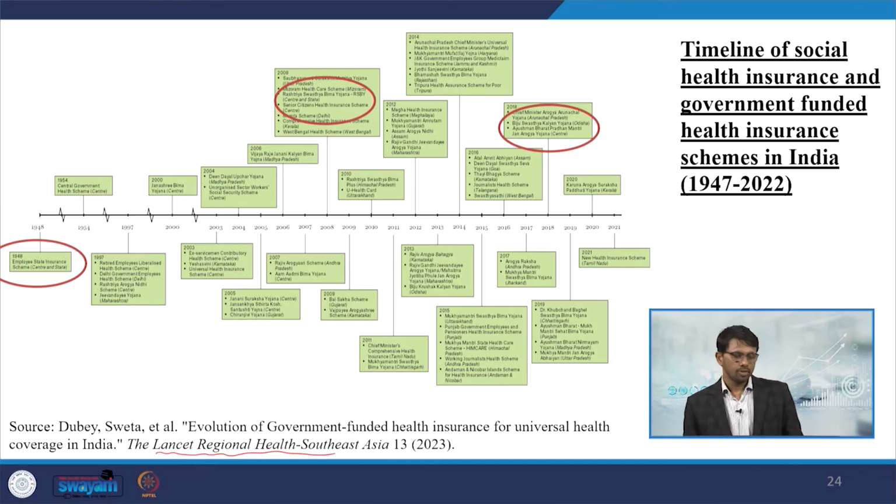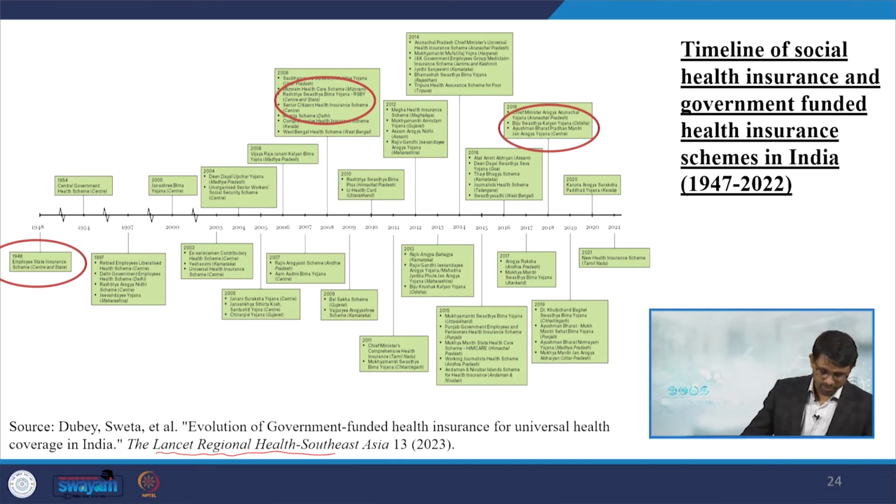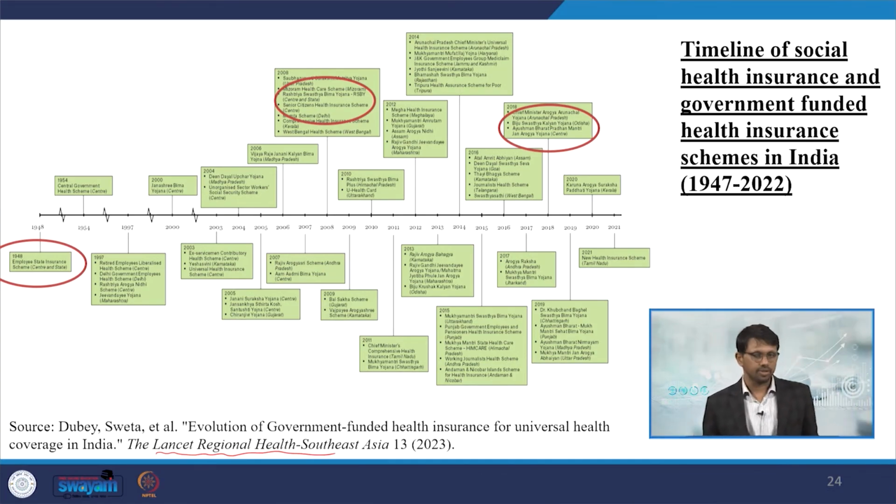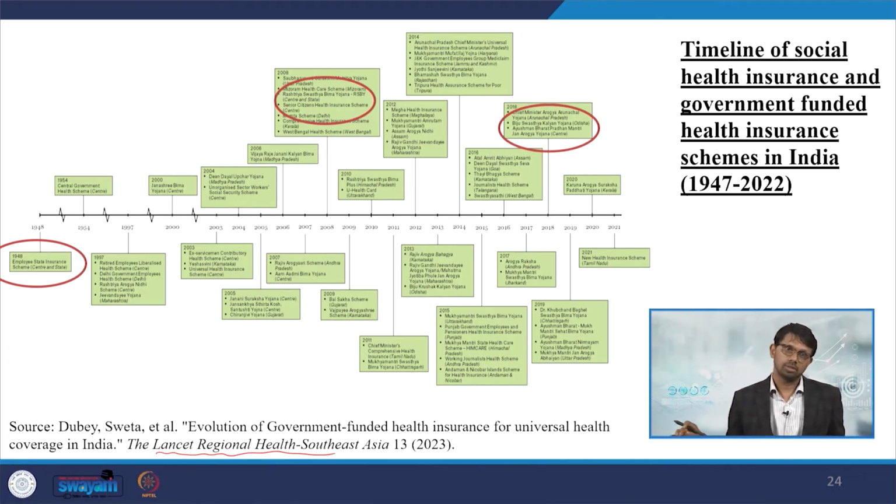23rd paper. We start with the initiation year of 1948 with the introduction of the Employees State Insurance Scheme, which has both state and center schemes.